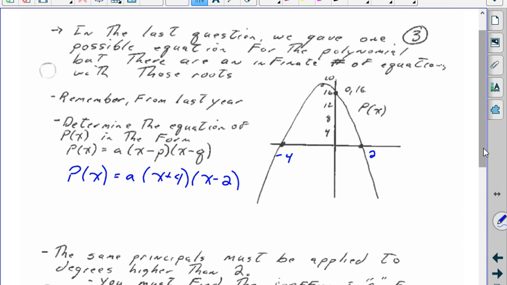There was another point given to us. In this case, it happens to be the y-intercept. So I'm going to take that third point and I'm going to plug it in. 16 is our output value. 0 is our input value.